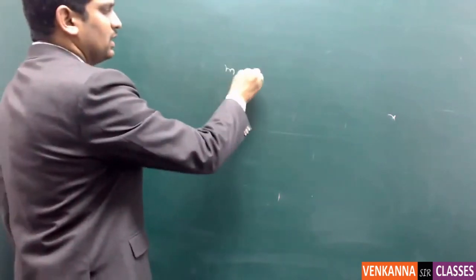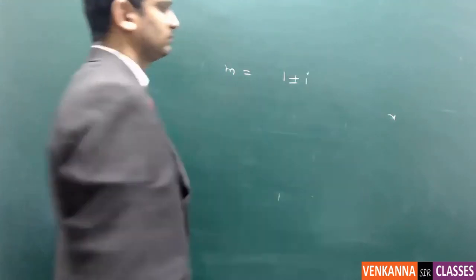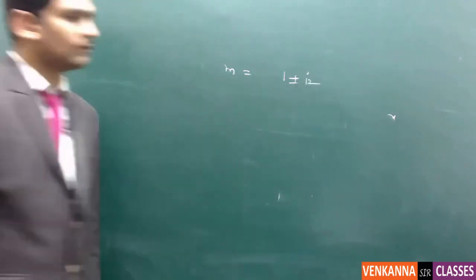Suppose m has occurred like this, 1 plus or minus 2i, let me say. Since complex roots will occur in pairs, 1 plus 2i is one root, 1 minus 2i is the other root. Now, for the complex number, we have the real part as well as the imaginary part.